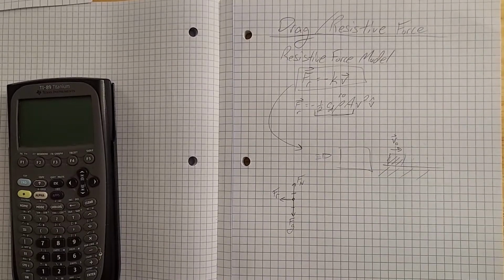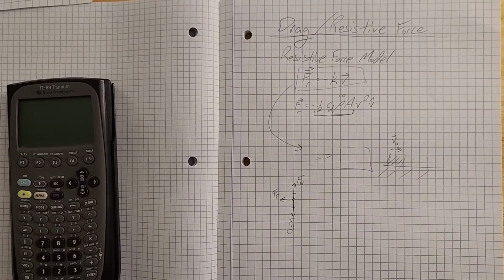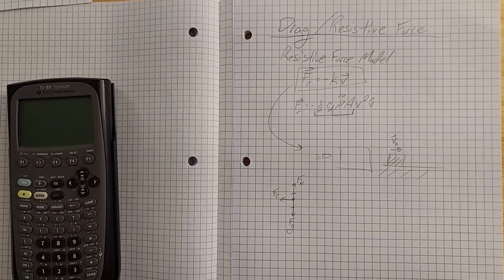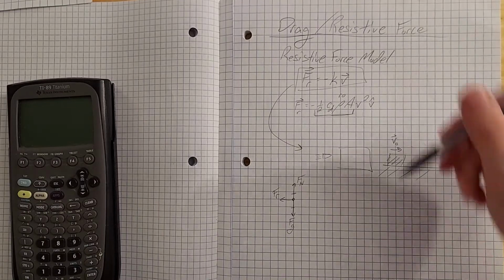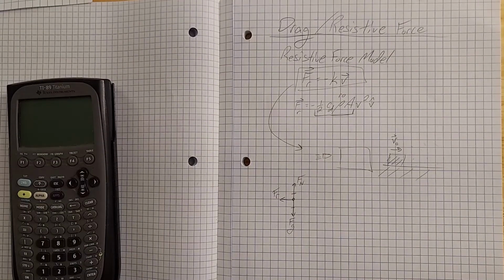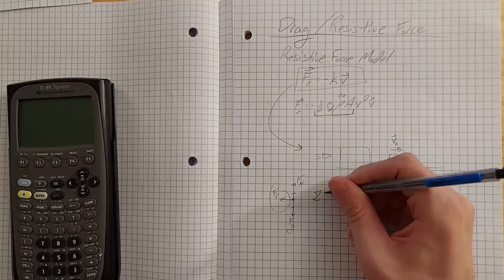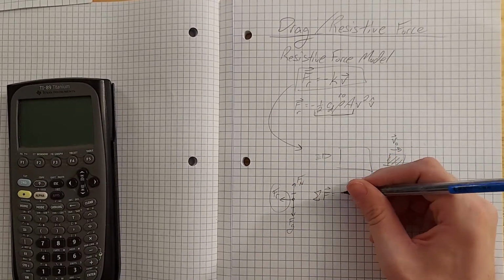If our objects had velocities to the left, this resistive force would be going to the right. If our objects had velocities going up, this resistive force would be going down. So that means that the resistive force is our net force.